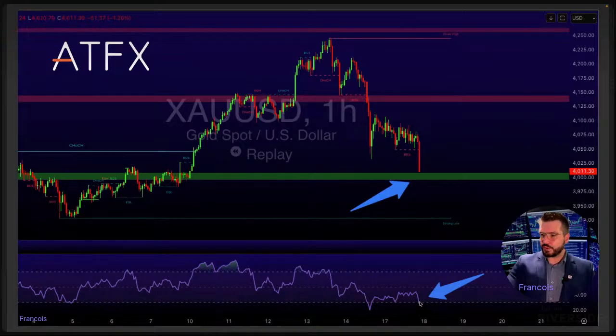Again, look at that. Perfect. Dipping into that oversold region right there. Easy to see, easy to use.